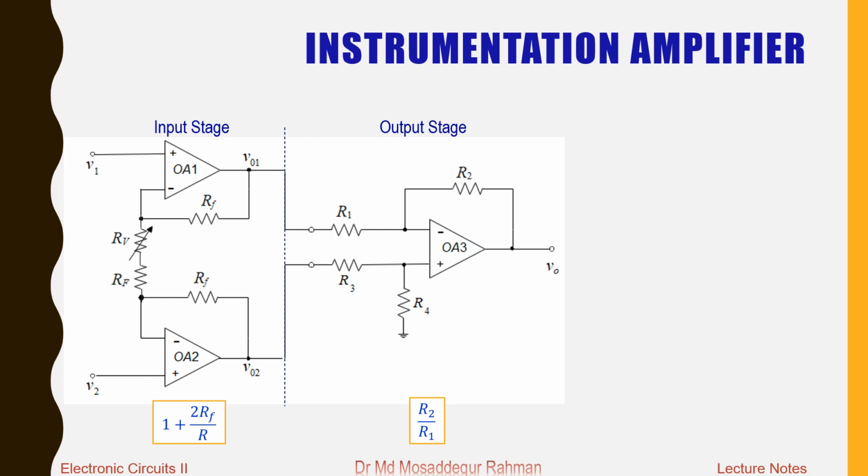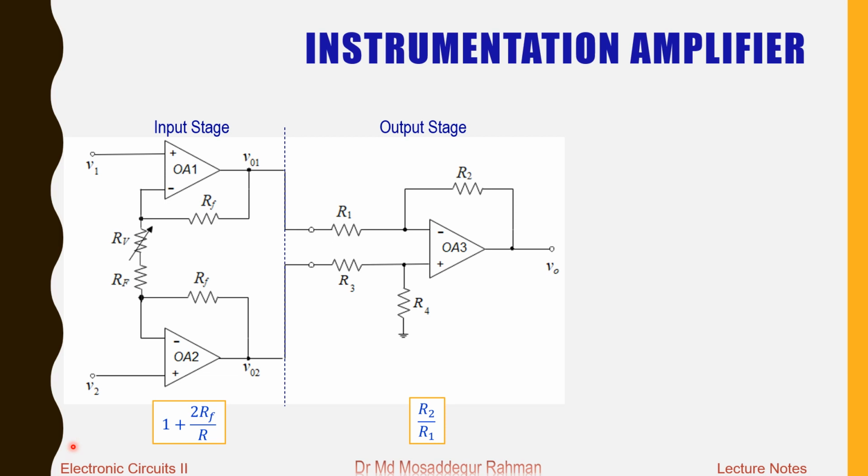So that is our final fully developed modified difference amplifier circuit, which overcomes all the limitations of the basic difference amplifier circuit. It has 2 stages. One is the output stage, that is our basic difference amplifier circuit, and the other is the input stage, which is used to overcome the 3 limitations of the basic difference amplifier circuit.